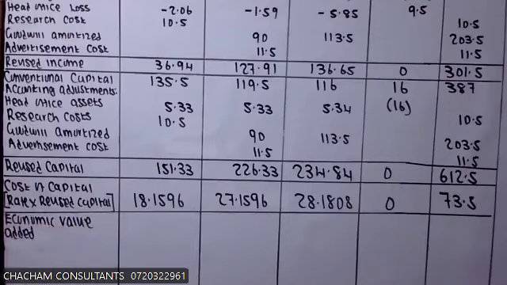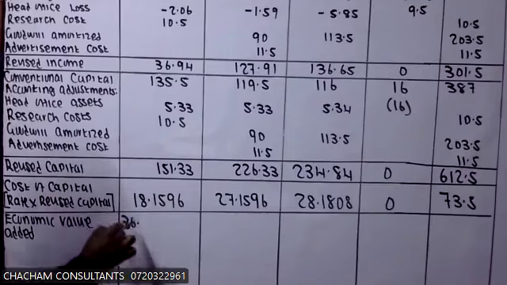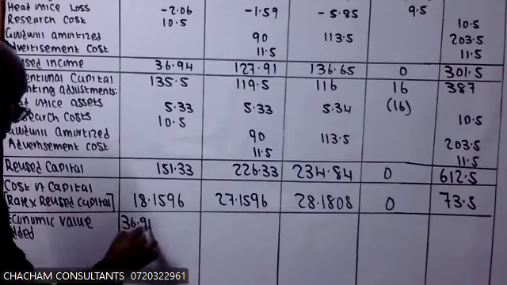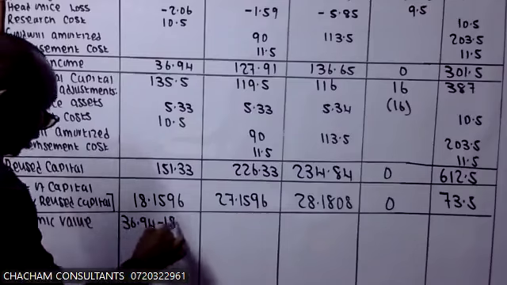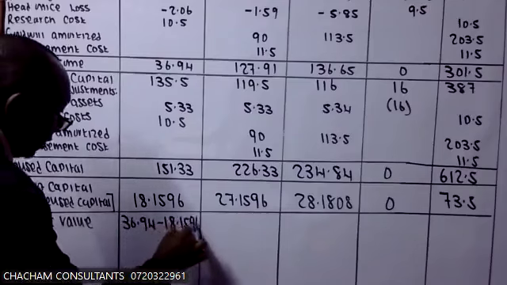So this one itaandika workings. It is now 36.94 minus 18.1596.